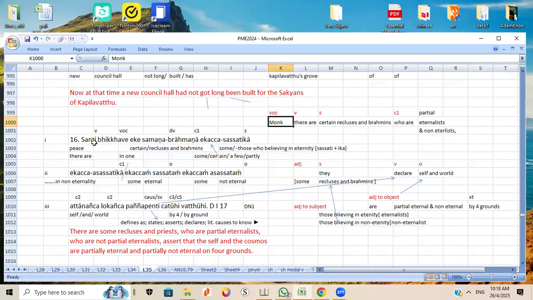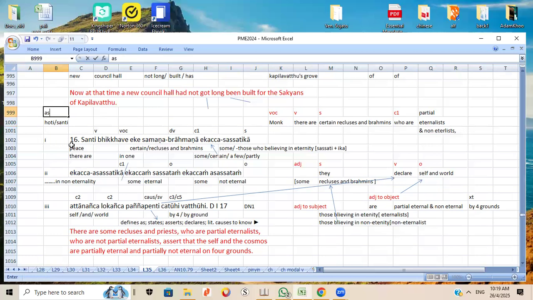So you see the word Santi. Santi can be peace. Santi can also be, because the word Oti is singular, the plural is Santi, because this comes from the root AS, to be.